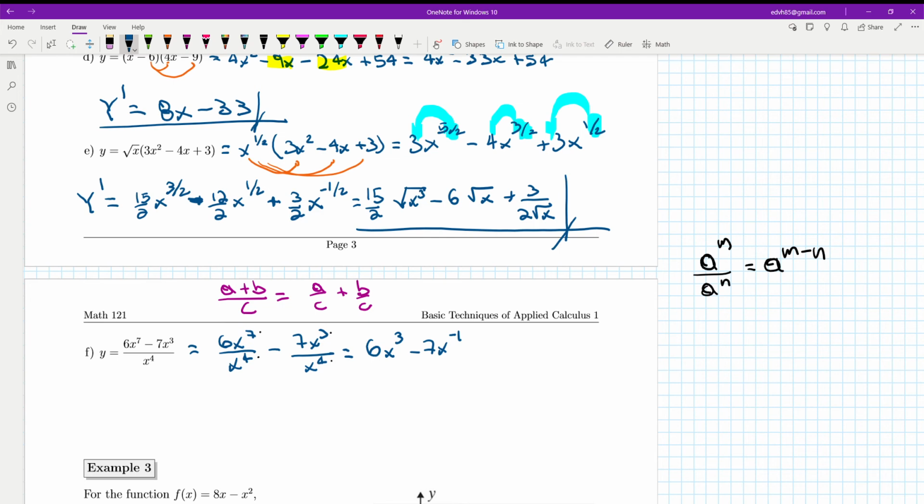Now, let's do y prime. Let's do the derivative. And again, 6 times 3, negative 1 times 7. That's an 18 x squared. 3 minus 1, negative 1 minus 1, be careful, x to the minus 2, and also negative 1 times negative 7 is going to be positive 7.